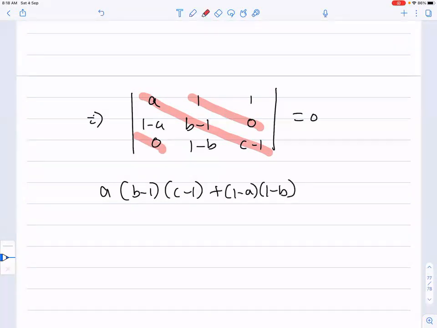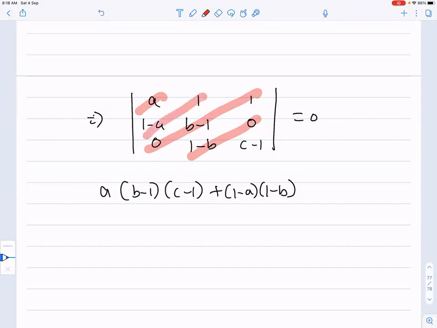Now the reverse products are 0, because a 0 is present, so the product is 0. And the product of these two is minus 1 minus a into c minus 1 equal to 0. Correct, students?